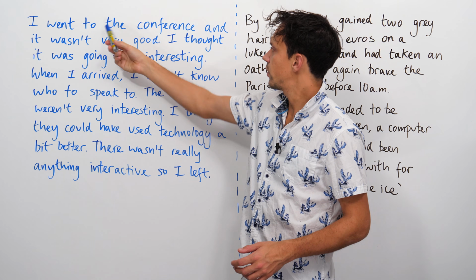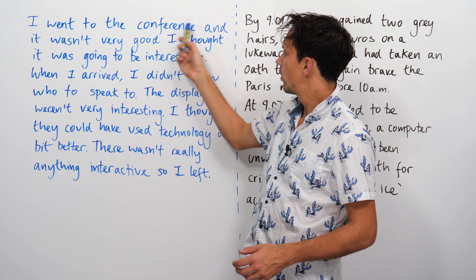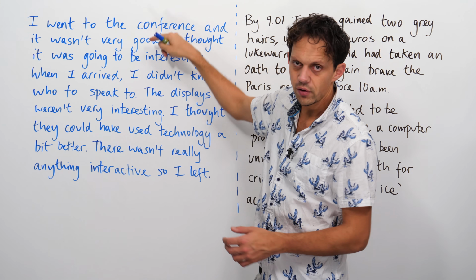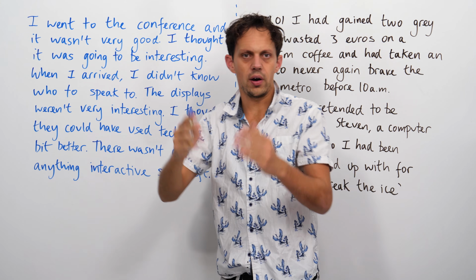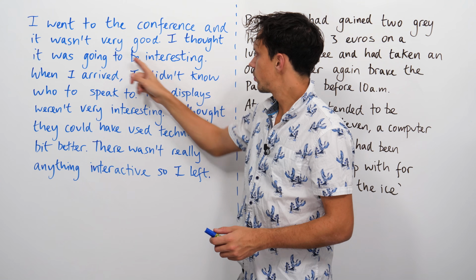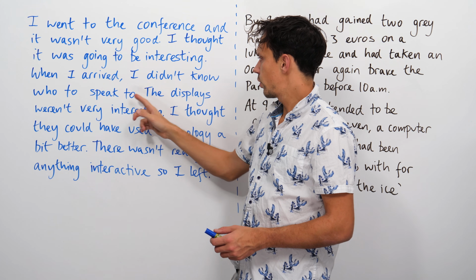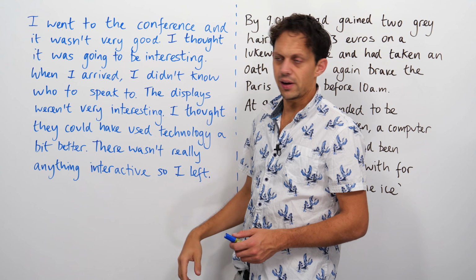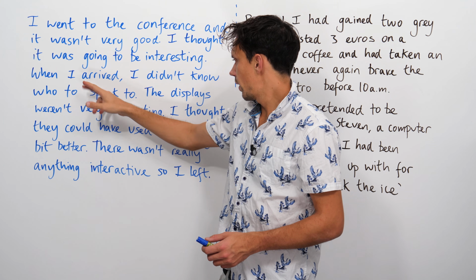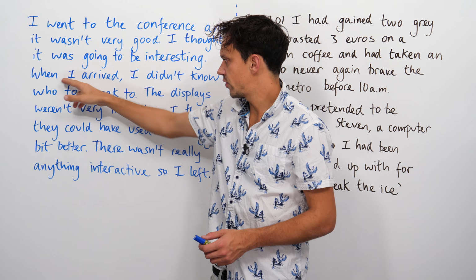Well, we've got, I went to the conference. Yeah, simple. So this is a compound sentence because we've got two ideas. I thought it was going to be interesting. One idea. When I arrived, I didn't know who to speak to. Actually, we've got a complex sentence there because we've got a subclause.